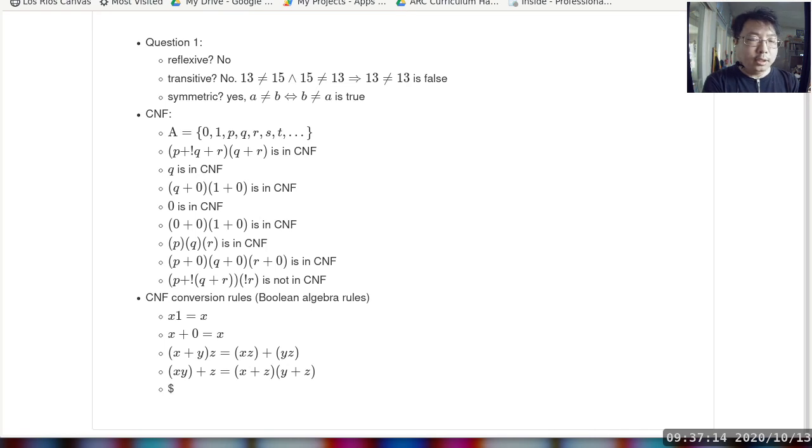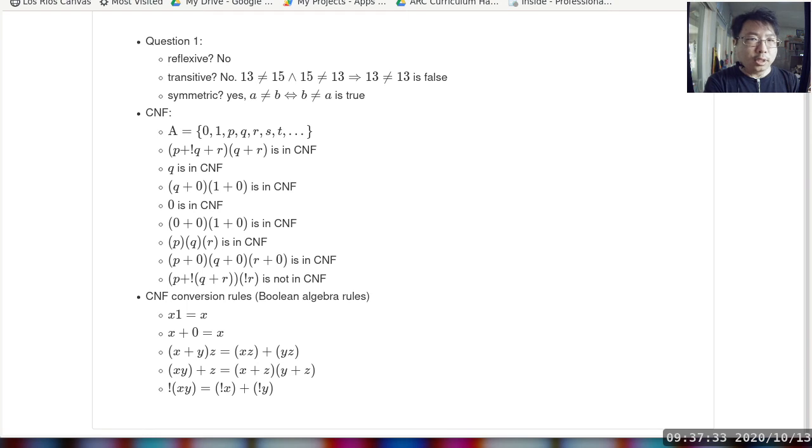Then we have De Morgan's laws, which are extremely useful. So the negation of a conjunction is the negation of each component of the conjunction, and then you change the operator from conjunction into disjunction, so you can move the negation into the components of the original conjunction.